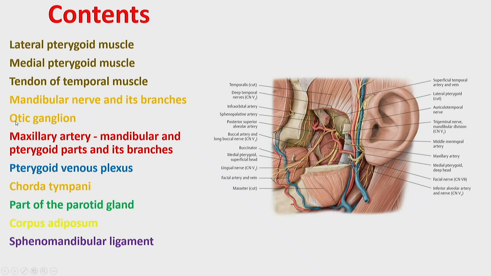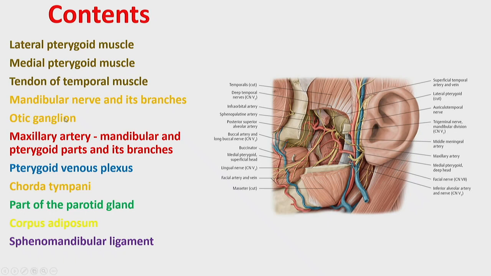Another content is one of the parasympathetic ganglia, which is called the otic ganglion. I talked about this in the salivary gland, in the parotid gland. The otic ganglion is responsible for the parasympathetic, or secretomotor, innervation of the parotid gland.